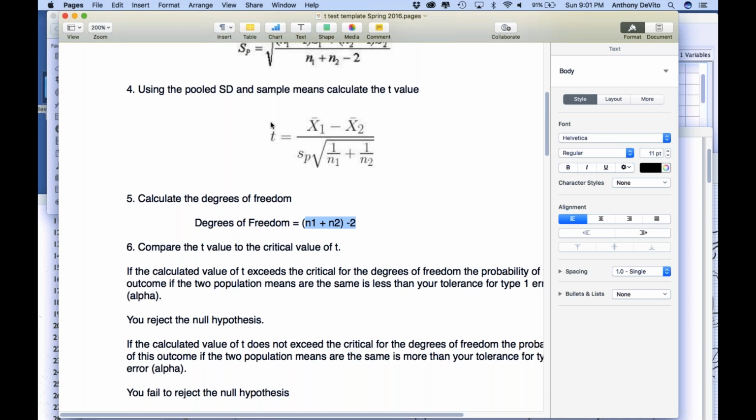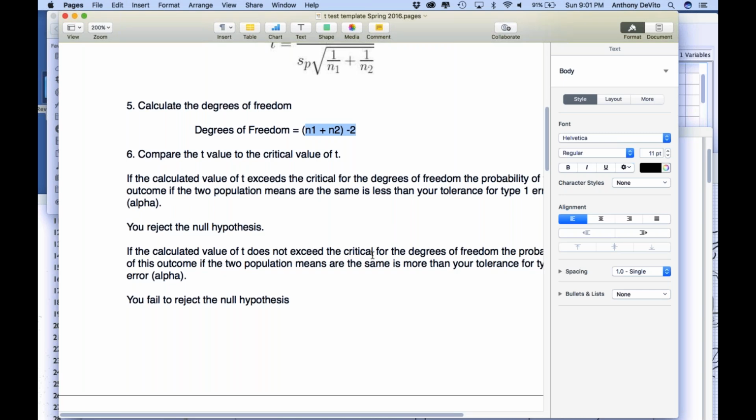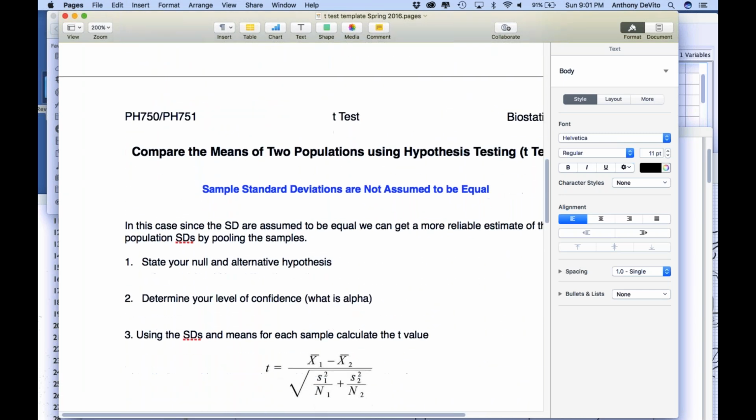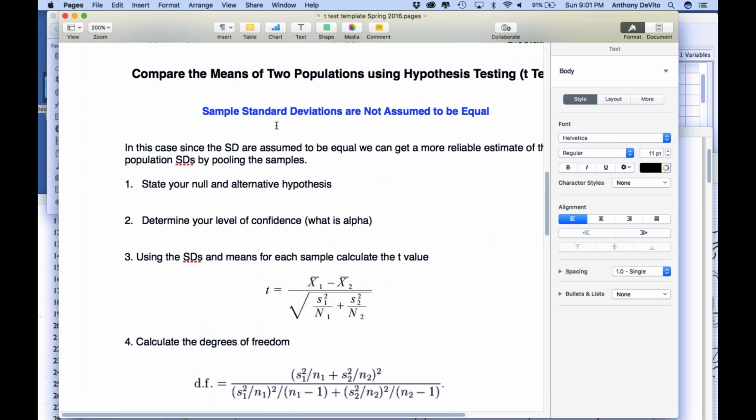And then you compare it to the t you calculate to see if your t is greater than the critical value. This is your standard error, and this is the difference between the two means of the two samples. So once you calculate your t-score, you can compare it and decide whether to reject your null hypothesis. If one standard deviation is more than twice the other, then you assume that they're not equal.